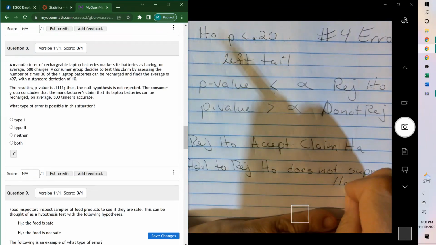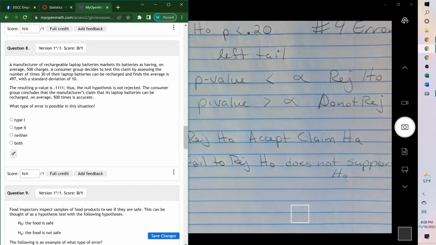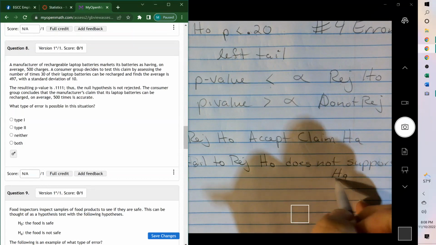There's not enough information to support the alternative or the claim. So your alternative is your claim.